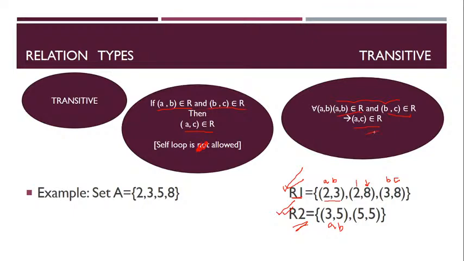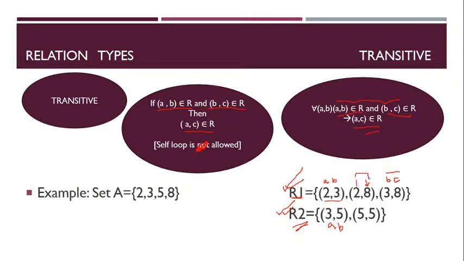If we follow R1, we get 2 3, that is AB, then BC, that is 3 somewhere else, and yes, that is 3 8, that is the AB BC scenario. That instructs me that you can expect AC. What is AC? A is 2 and C is 8, and that is 2 8. Yes, 2 8 is present in the relation.